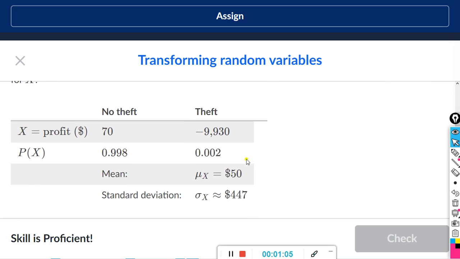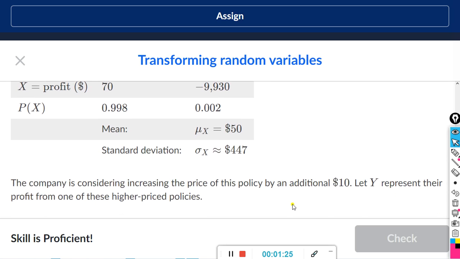There's really unnecessary information here. X is the profit. The mean is given by this Greek letter, mu. This is mu sub X, the mean of X. And this is sigma, the standard deviation, sigma sub X.